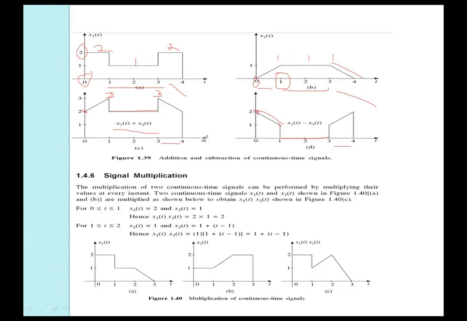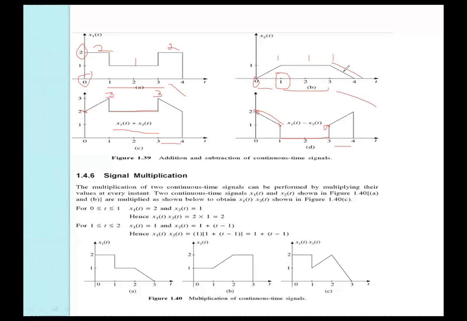And from 3 to 4, here the value is a 2 and here it is decreasing. Decreasing means 2 minus 1, the value is a 1 at the 3. Okay. And at the 3.5, what is the value here? It decreases to 3.5 only.